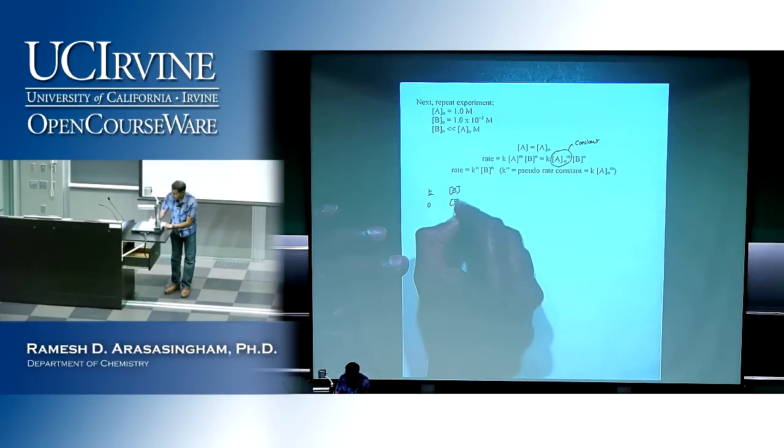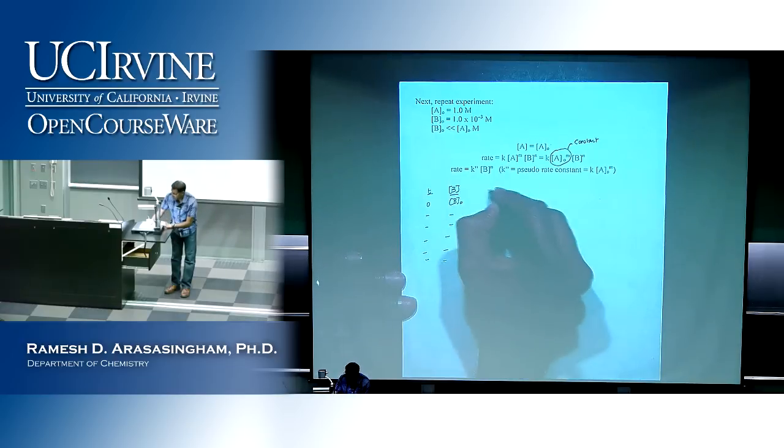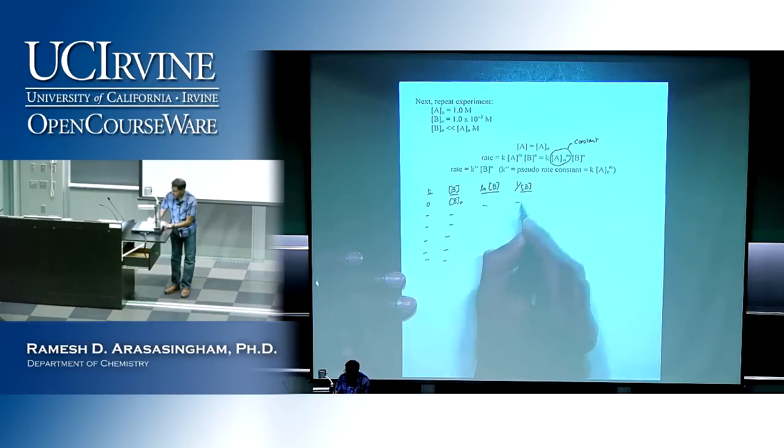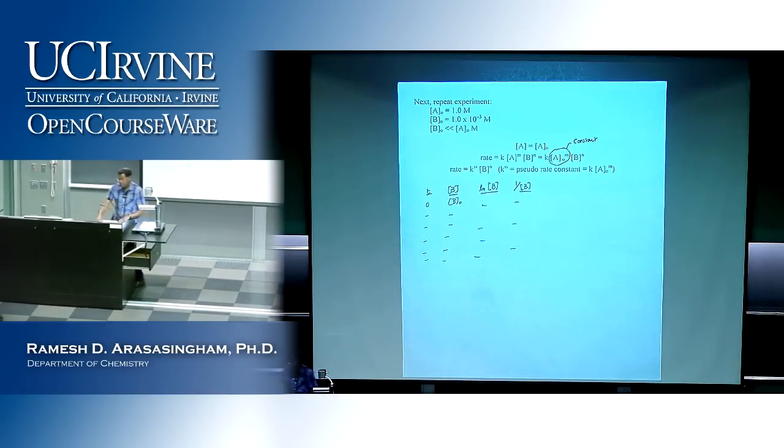This will be the initial concentration of B to begin with. At different time increments, I will measure the different concentrations of B. Now I will have to look at ln B versus 1 over B. And so you have to do 2 experiments.